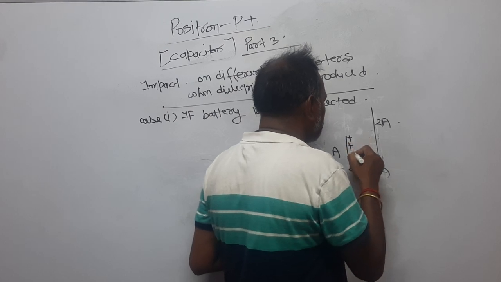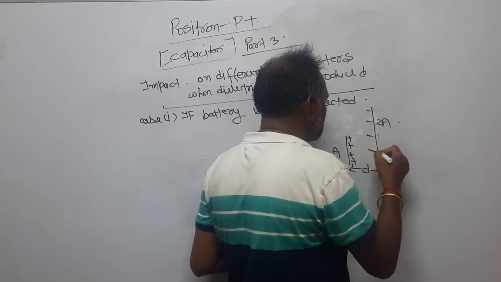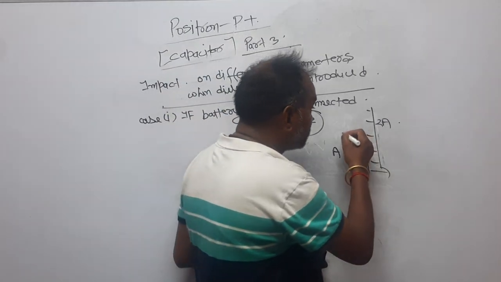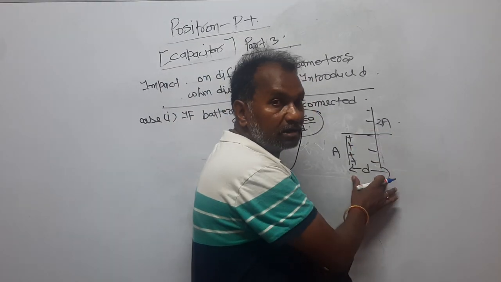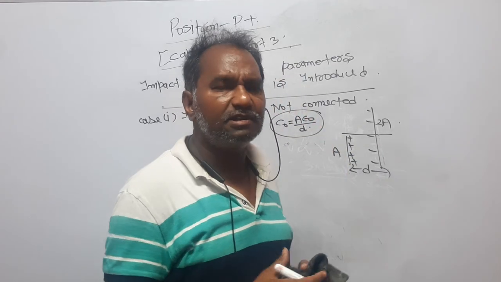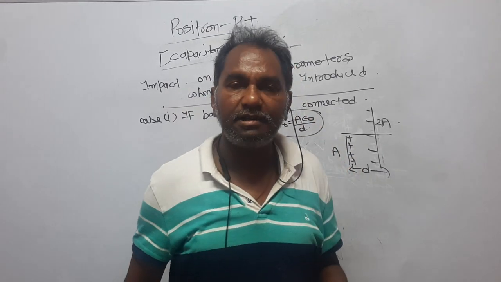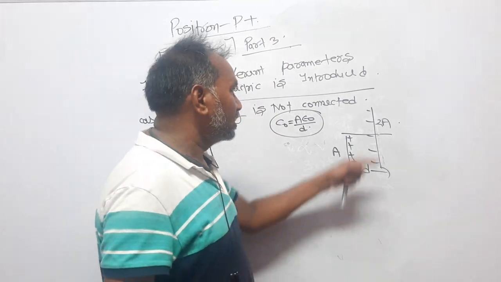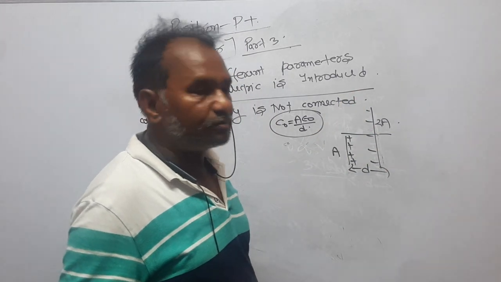This one is positively charged and this one is negatively charged. Then you have to take only the area that the two plates are facing each other; the other area is not going to work.